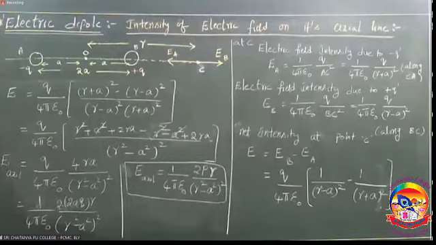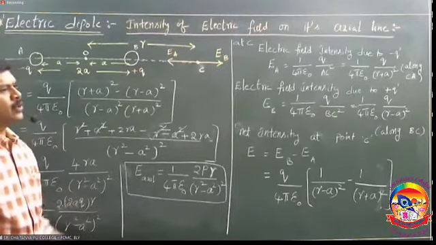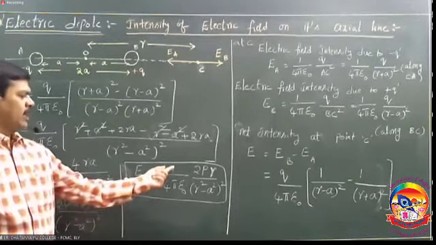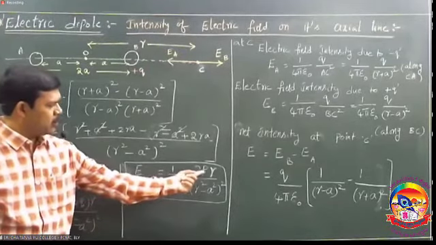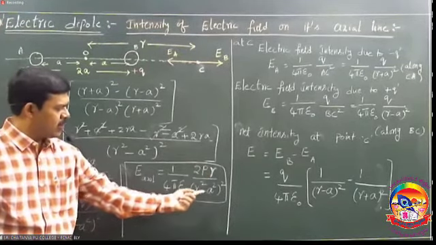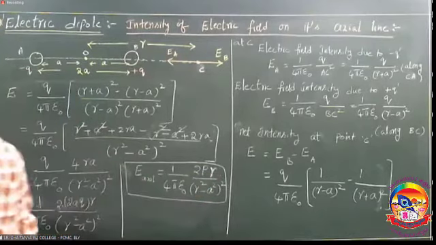Clear? So the final formula is what? E axial is 1 by 4 pi epsilon naught 2pr by r square minus a square whole square, right?